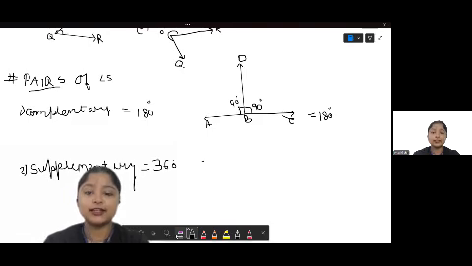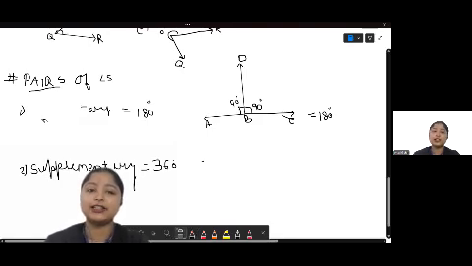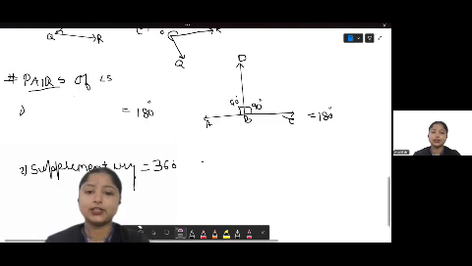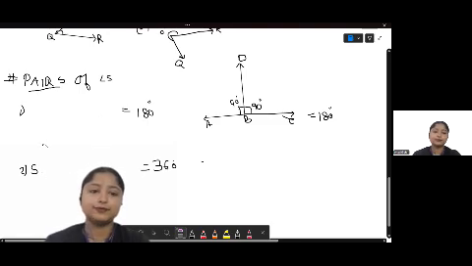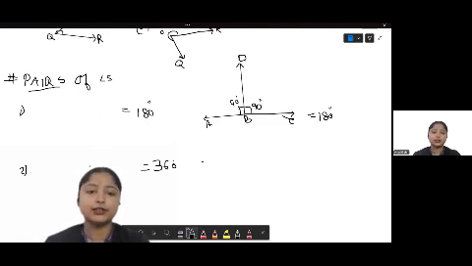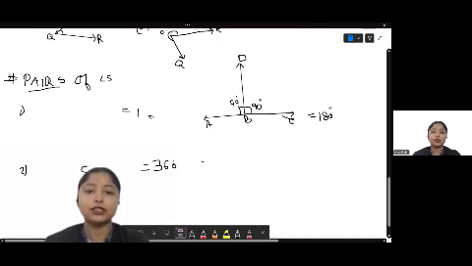Okay, I guess there is a confusion. Yeah, this is the supplementary angle, and this one is the complementary angle.